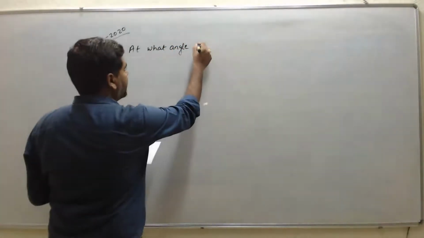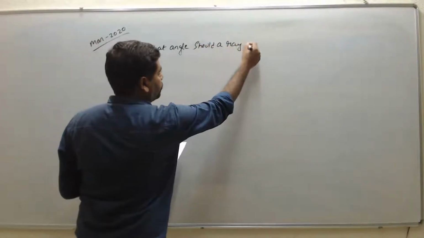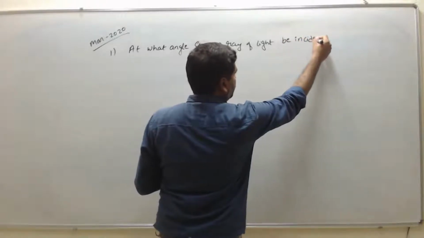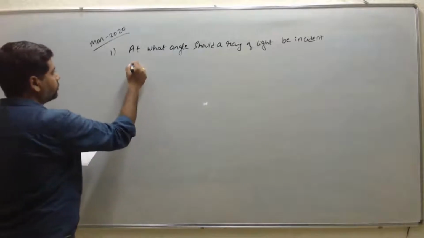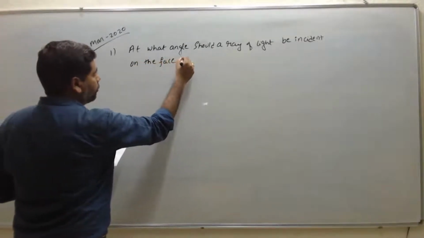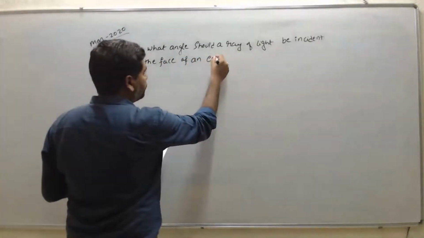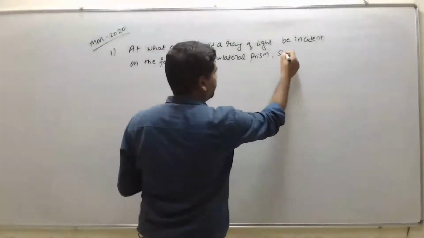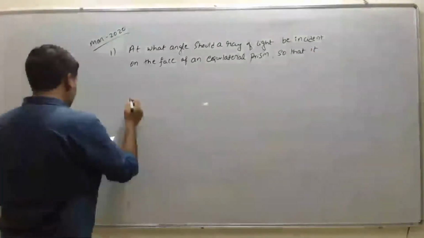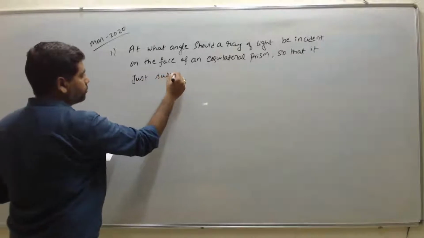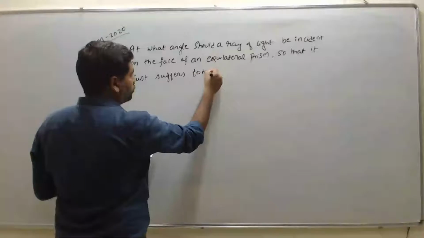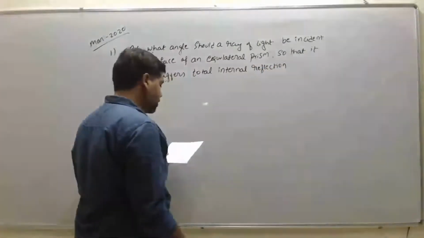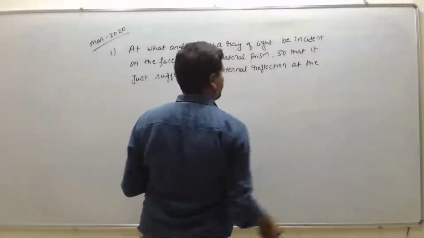At what angle should a ray of light be incident on the face of an equilateral prism so that it just suffers total internal reflection at the other face?